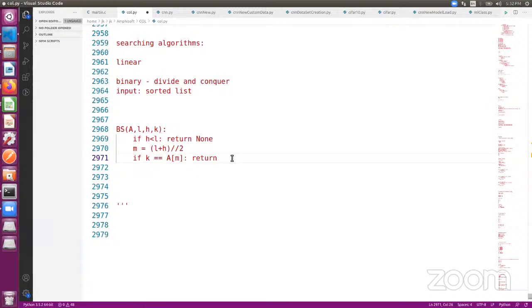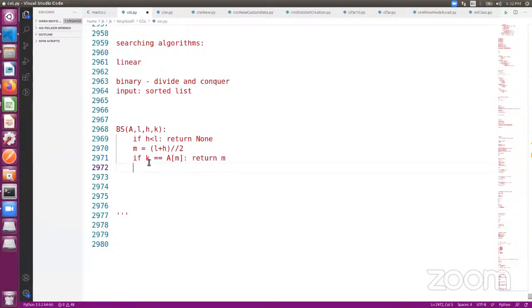So return m. Are you able to follow? Any doubts in this? Okay. So if you have found the element, return m.